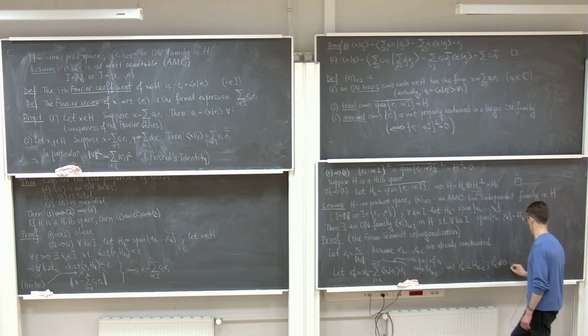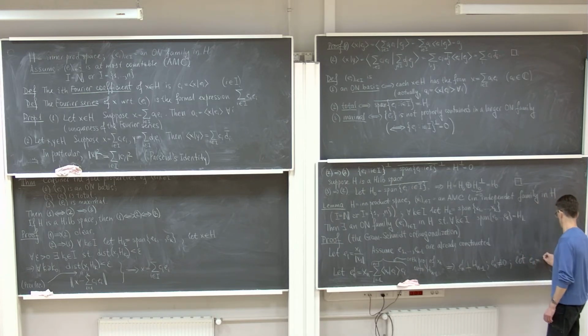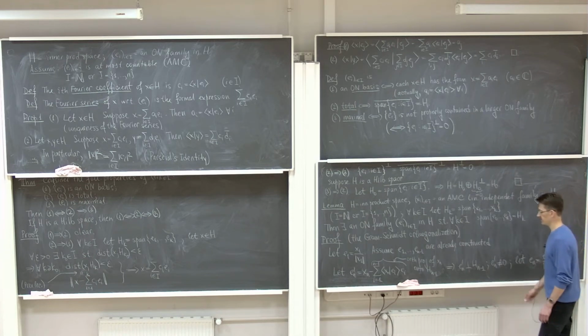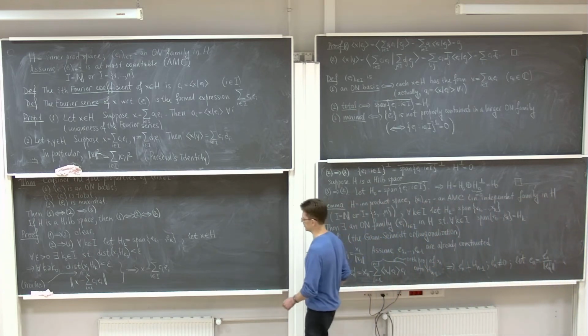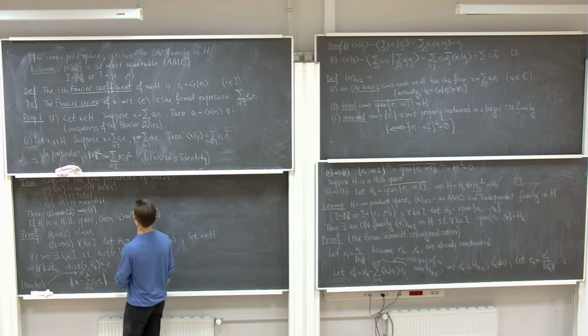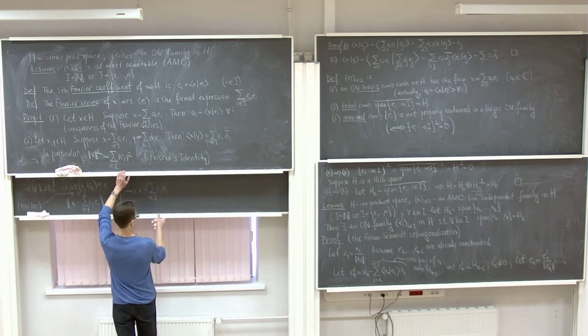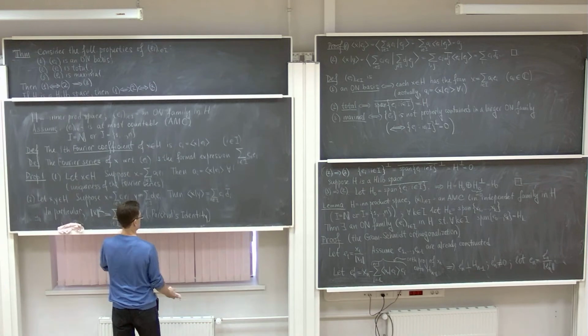And to complete the proof, we just let En be the normalization of En prime. And this is exactly what we're looking for, because by construction, our family is still orthonormal.